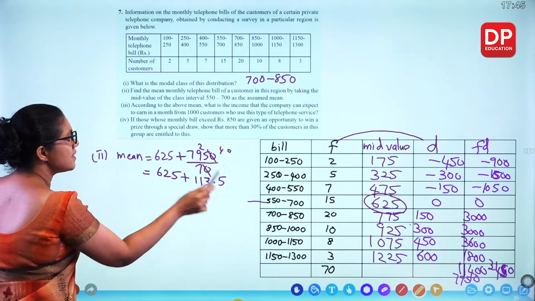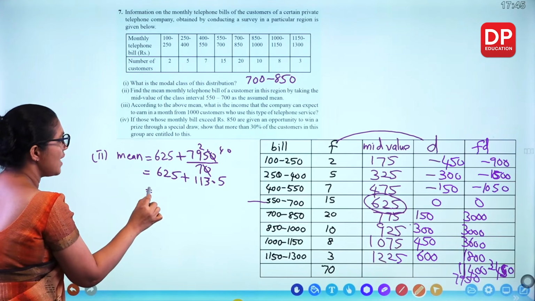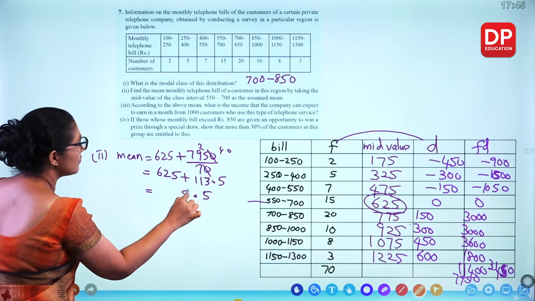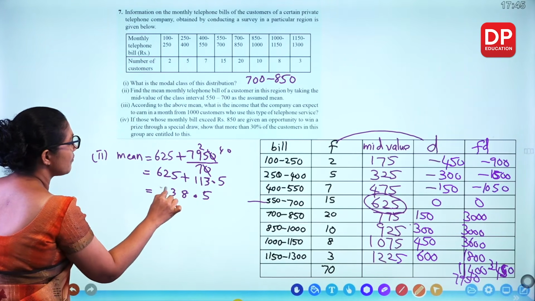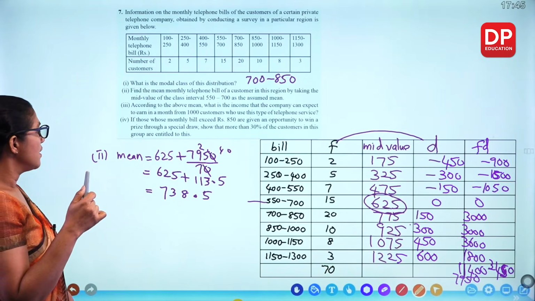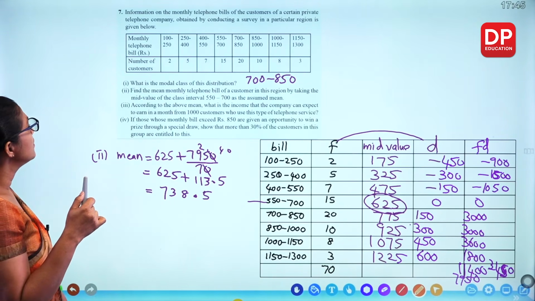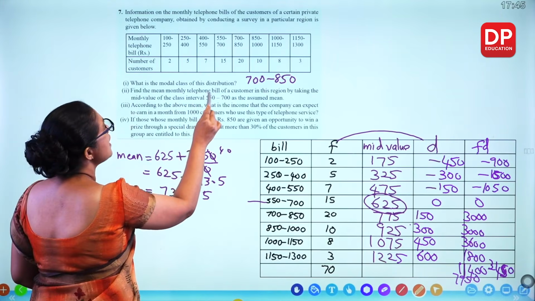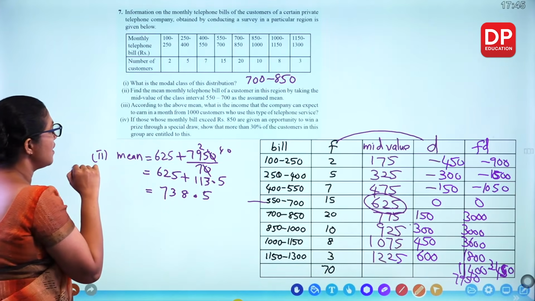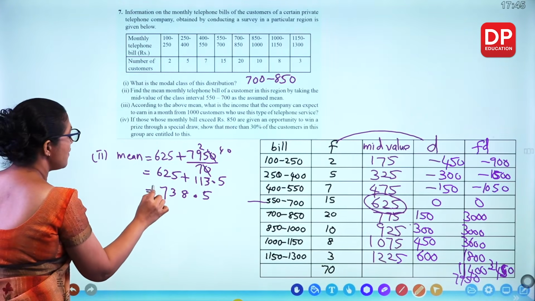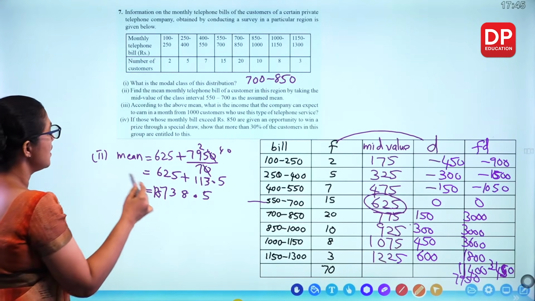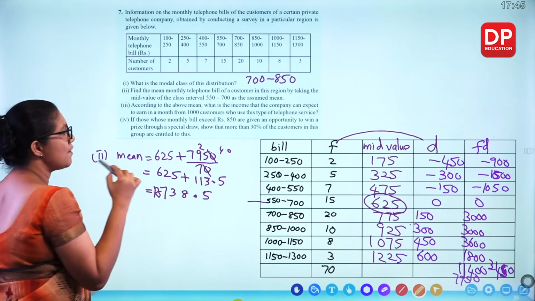So 113.5. So when you add these two, what you get? 738.5 is the mean value. So monthly telephone bill roughly 738.50. So 738 rupees and 50 cents.